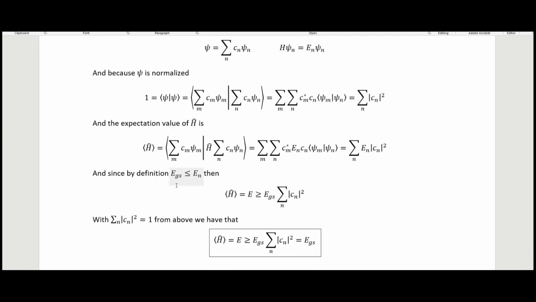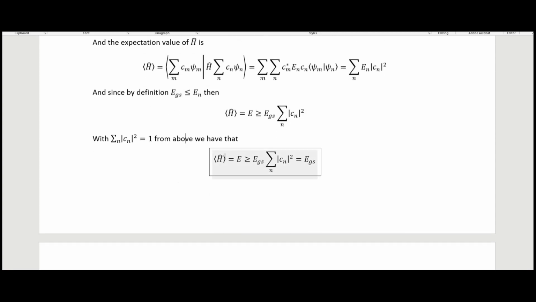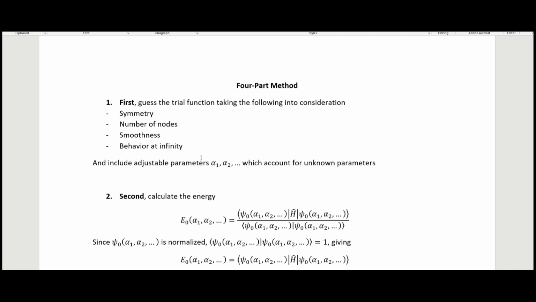And by definition our ground state energy is less than or equal to the E sub n, so the state n, and so we have the expectation value of our Hamiltonian, the energy we want to calculate, being greater than or equal to the ground state energy times this summation, which, as we set up, was just equal to 1. And so we have that the expectation value of our Hamiltonian is greater than or equal to the ground state energy.